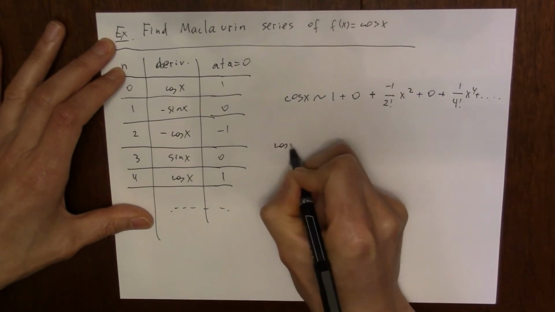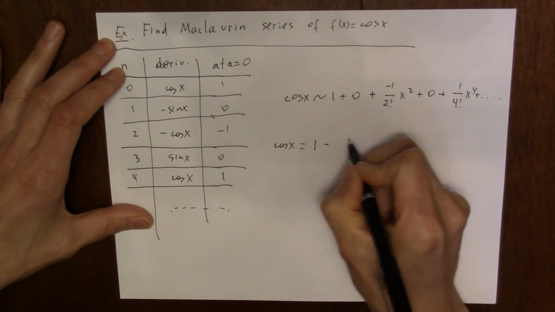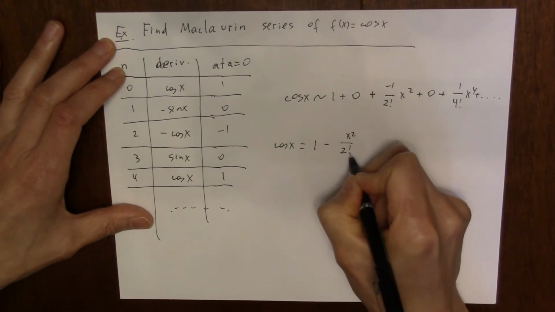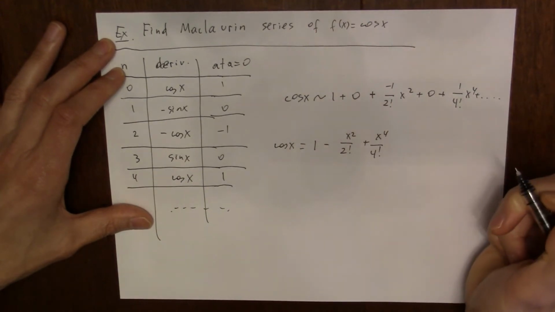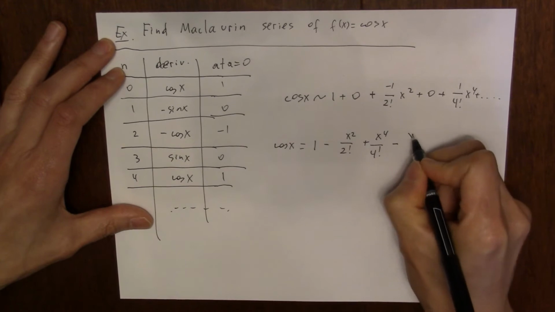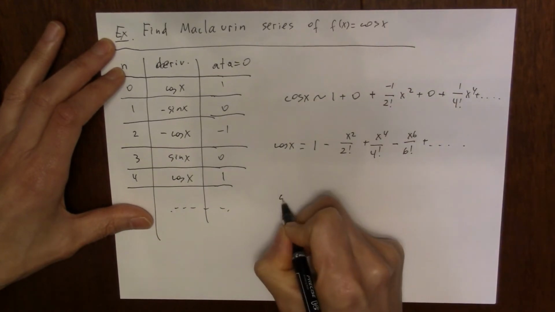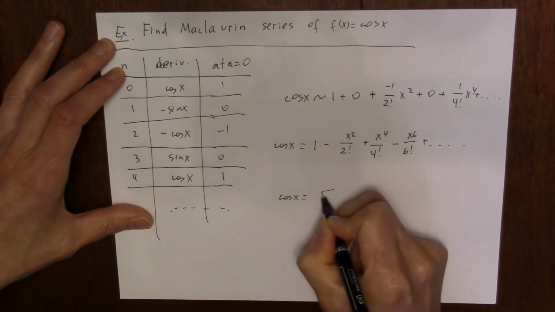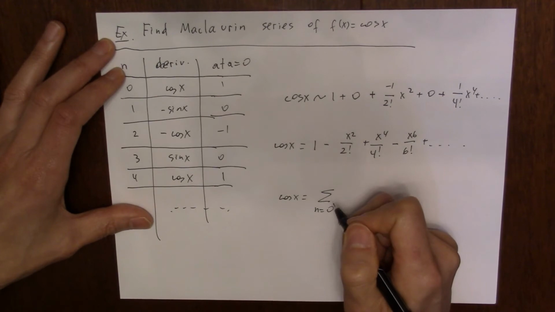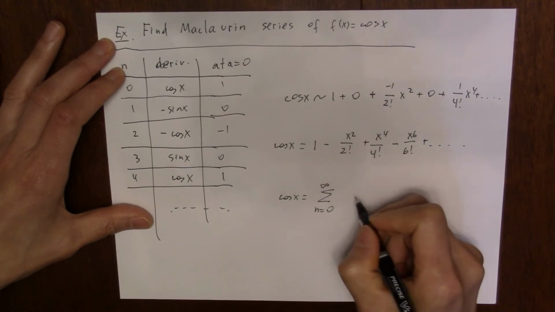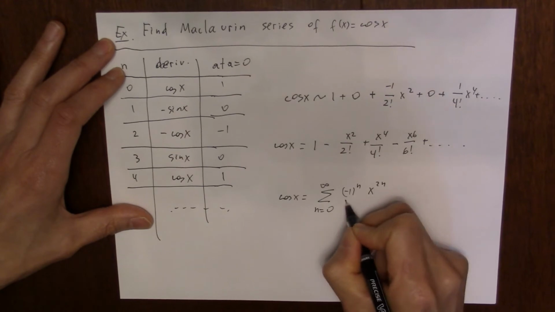So we got the Maclaurin series for cosine x equals 1 minus x squared over 2 factorial plus x to 4 over 4 factorial. And we kind of know this pattern. Next one could be minus x to 6 over 6 factorial plus and so on. Or using sigma notation, the Maclaurin series for cosine x is going to be the infinite series from 0 to infinity, negative 1 to n, x to 2n over 2n factorial.